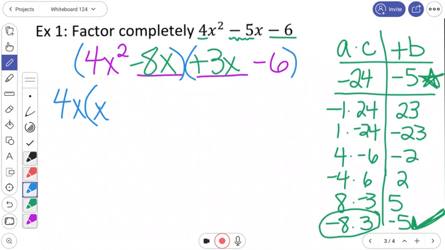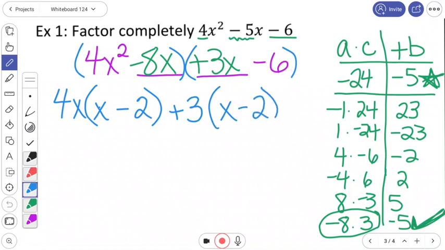Negative 8x divided by 4x gives us minus 2. Our second set of parentheses, we have this 3x minus 6. They're both divisible by a positive 3. You always want to bring the sign with you. Always bring the sign with you. So we can divide out a 3 from both of those terms, and we are left with 3x divided by 3 gives us x, and negative 6 divided by 3 gives us a minus 2.